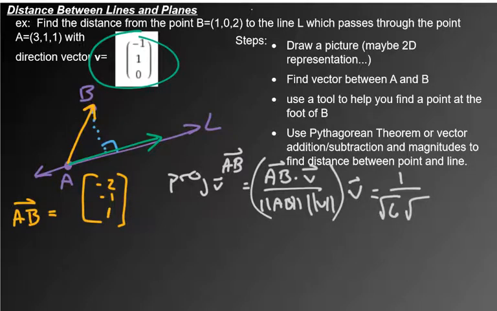And then the magnitude of V would be 1 plus 1, square root of 2. So that is the scalar times this vector here, negative 1, 1, 0. And what that really is, right, is a new vector that will land perfectly at the base of B, right?